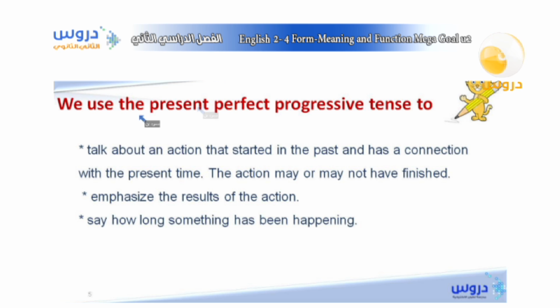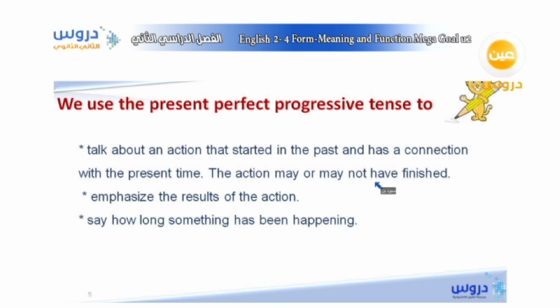Actually, here we use the present perfect progressive tense. Why do we use this tense? Actually, we use it to talk about an action that started in the past and has a connection with the present time. Something happened in the past or started in the past, for example, learning English, and I still learn English in the present time.